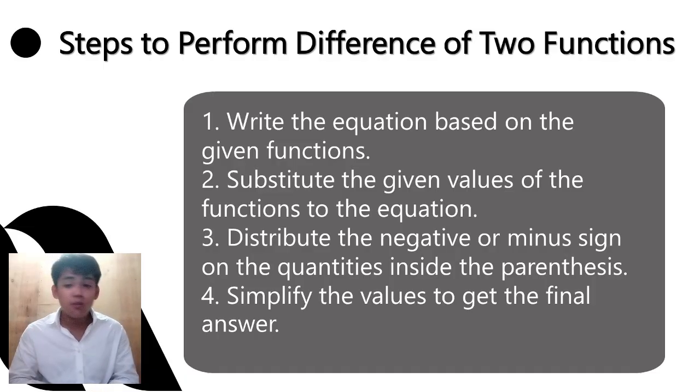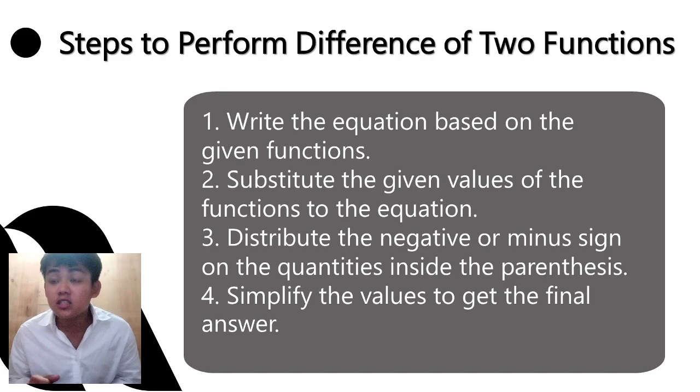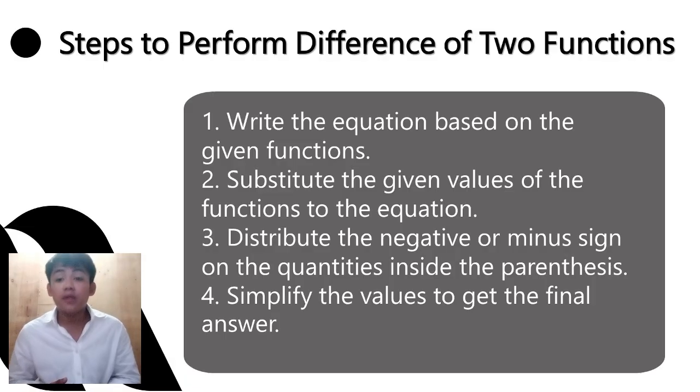Then secondly, same with the other one again, substitute the given values of the functions to the equation. So here is one of the unique steps for the difference of the two functions. Third, just distribute the negative sign or the minus sign on the quantities inside the parentheses. I will elaborate on that later when we have our example. Then fourth, simplify the values to get the final answer.